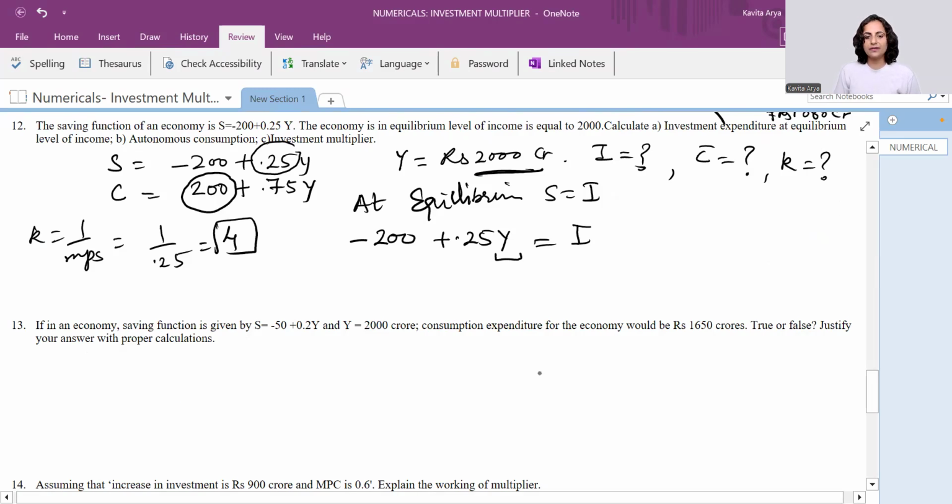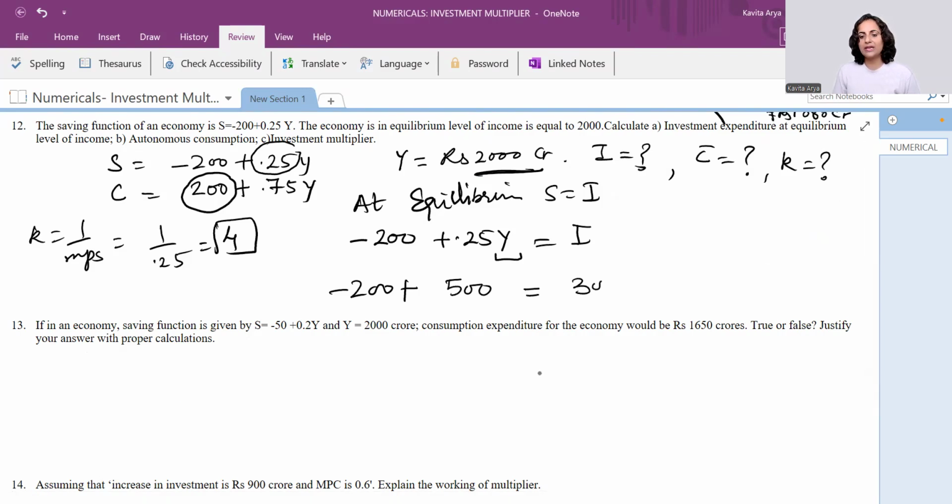So how to proceed further? Minus 200 plus 25% of 2000, which is 500. So this comes out to be 300 rupees crore, and I'm done with my answer.